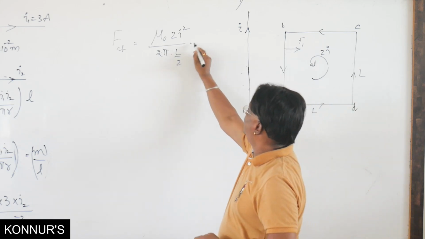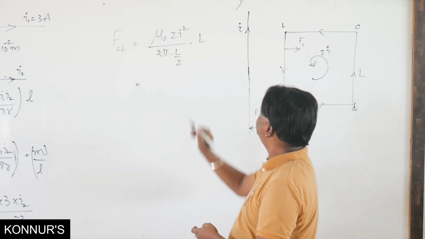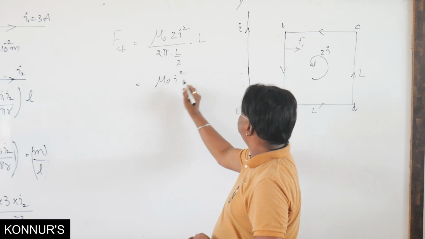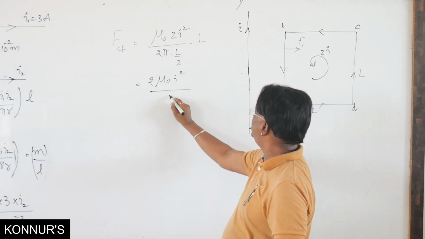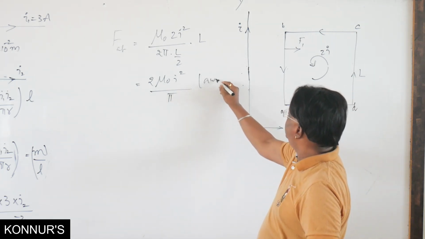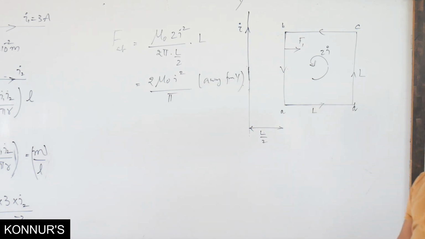Here it is L. That is what is the force. So L gets cancelled, 2 gets cancelled. Therefore, it is 2 mu naught I squared by pi. And what is the direction? It is away from Y, because it is a repulsion that is experienced.